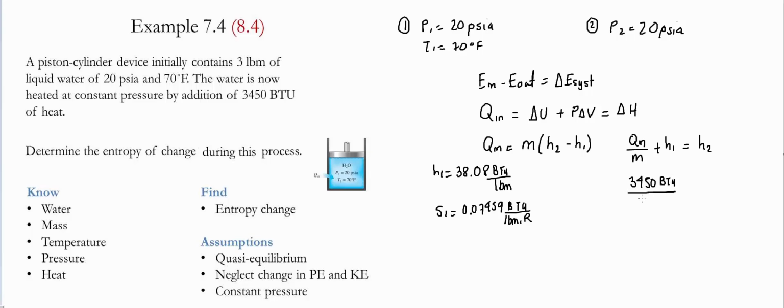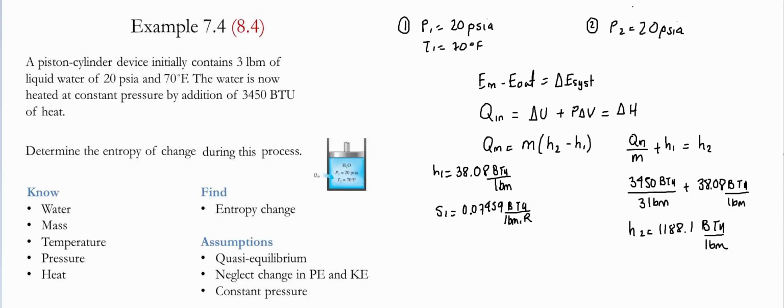The mass is 3 pounds, plus the initial enthalpy is 38.08 BTUs per pound mass. And if we add these terms, we find that the final enthalpy is equal to 1188.1 BTU per pound mass.